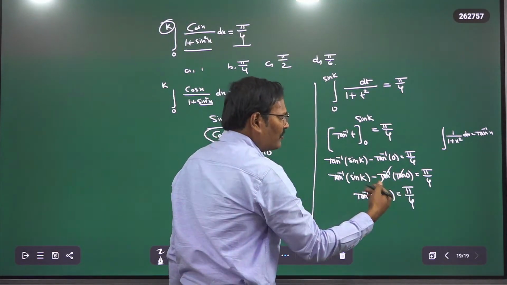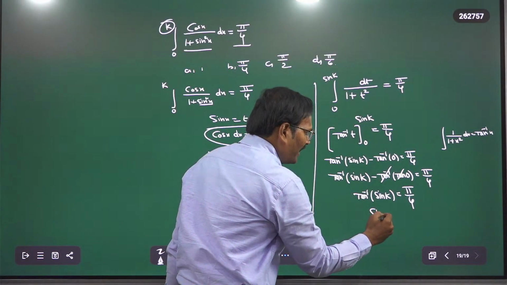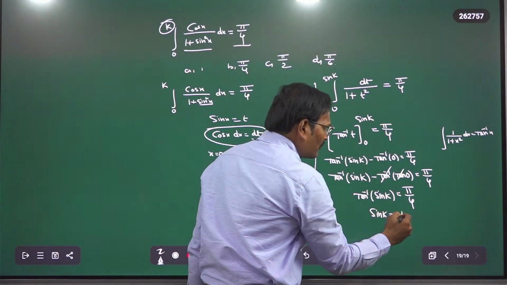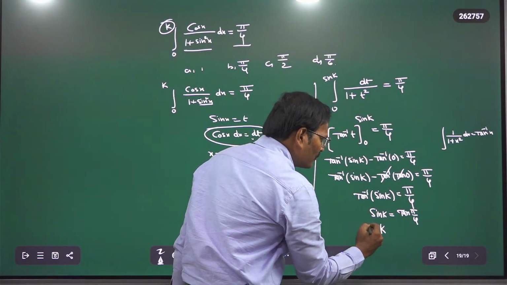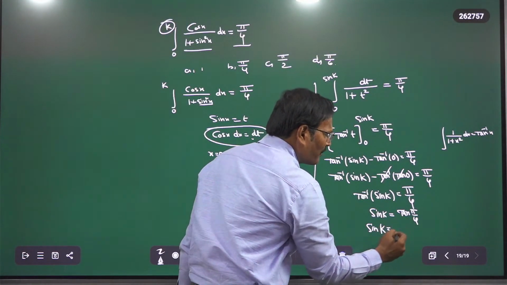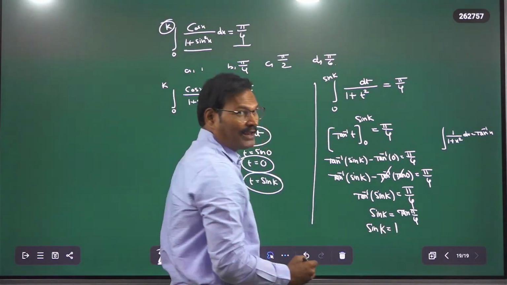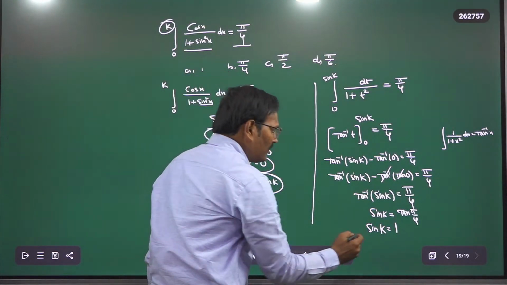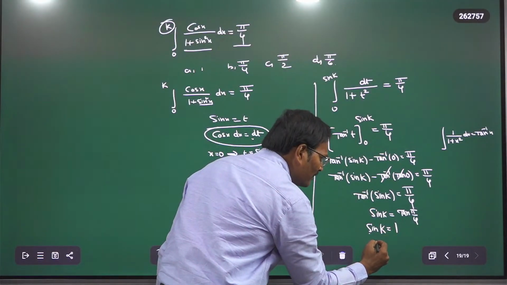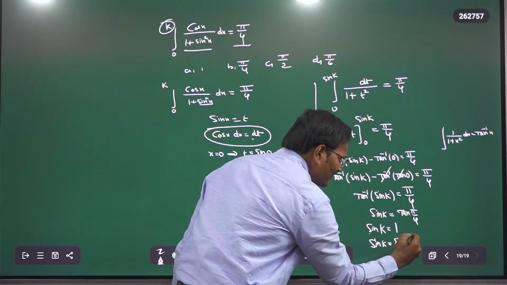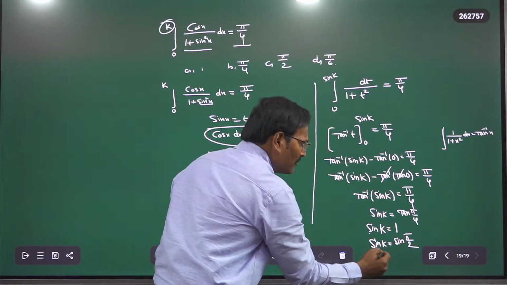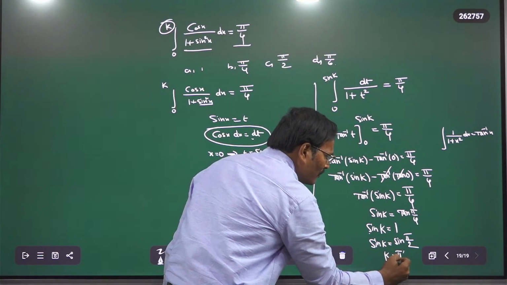Taking tan inverse to the other side, sin k is equal to tan pi by 4, which is equal to 1. Tan 45 degrees is 1. So sin k is equal to 1, sin k is equal to sin 90 degrees. So k is equal to pi by 2.